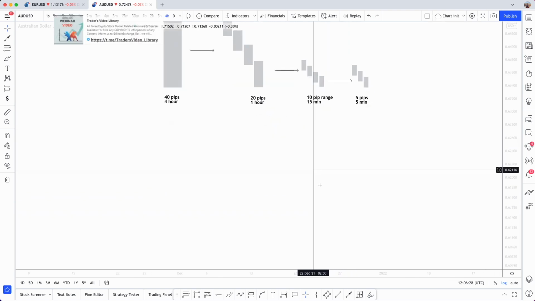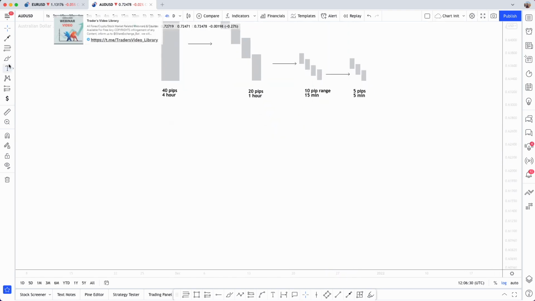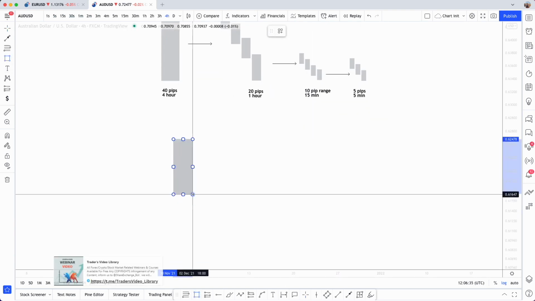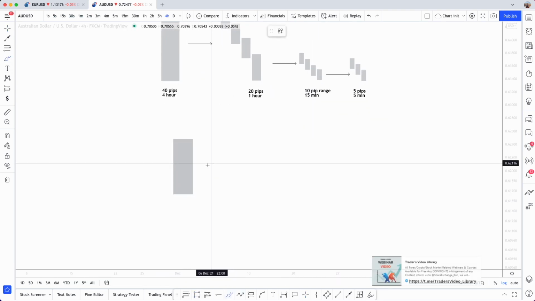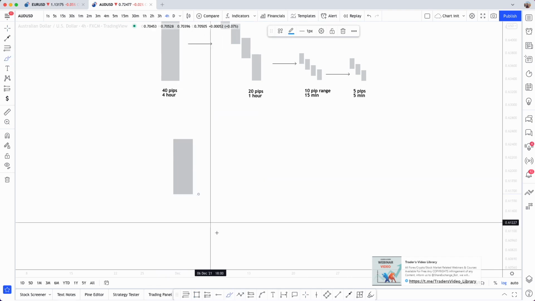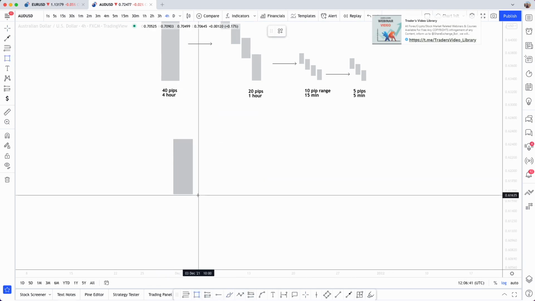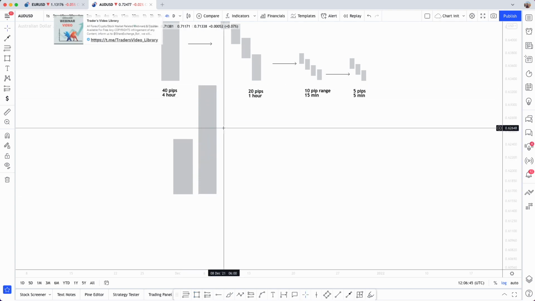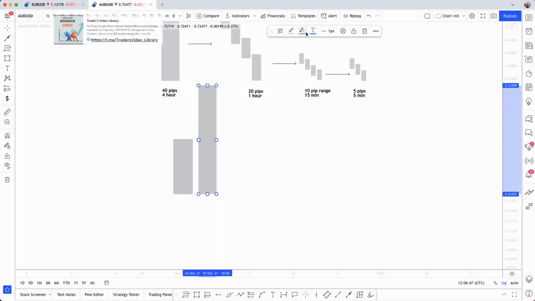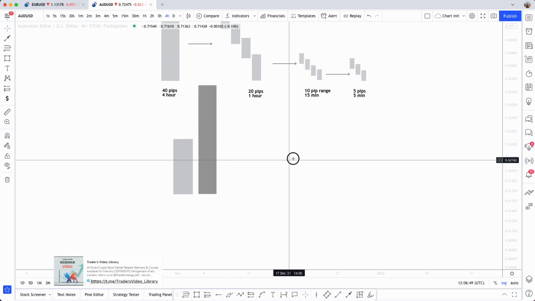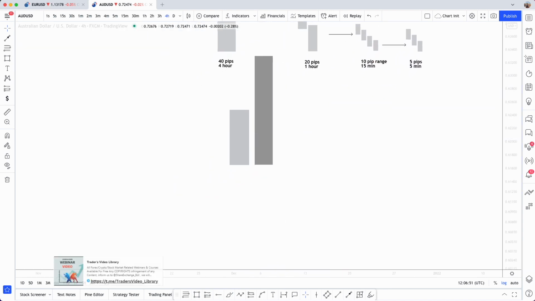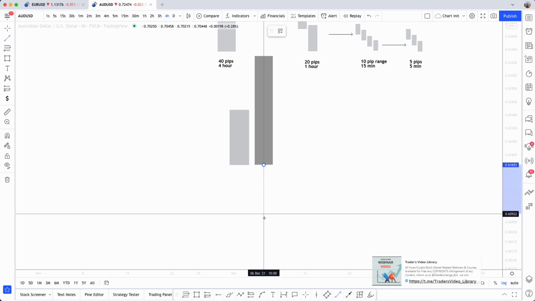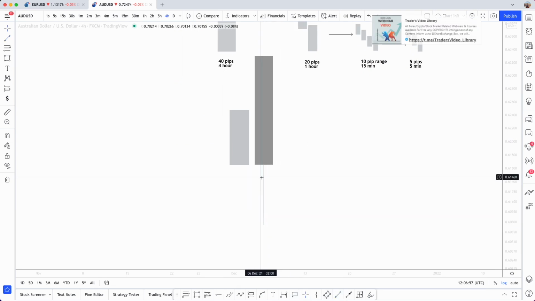Now we have another form of refinement which is quite interesting. So for example, when you have your candle like this, I didn't mean to do that, sorry. So you have your OB here. Yeah, we'll keep it as that for now. But remember when I said sometimes you can get candles with very big wicks?